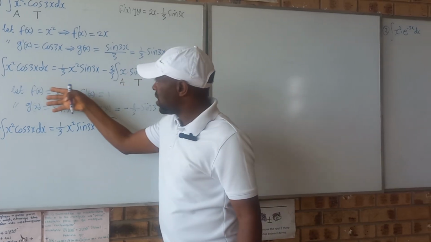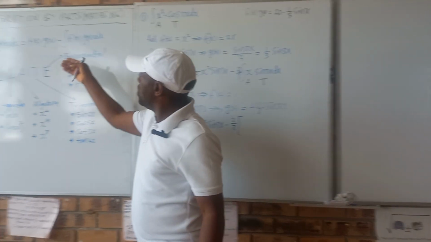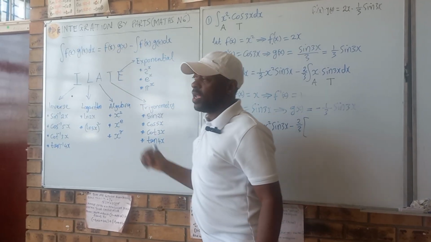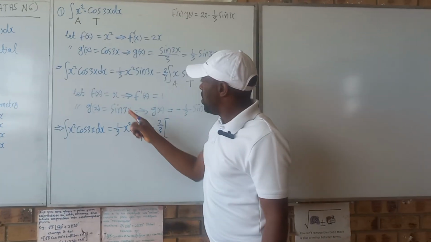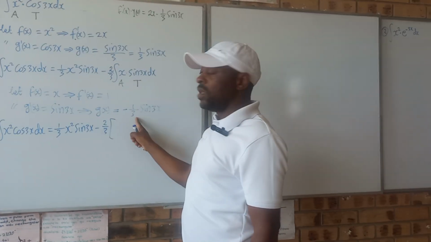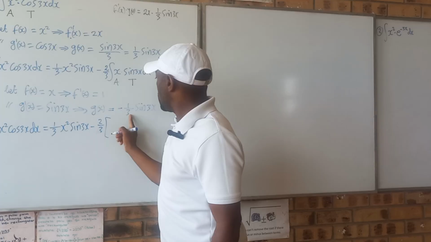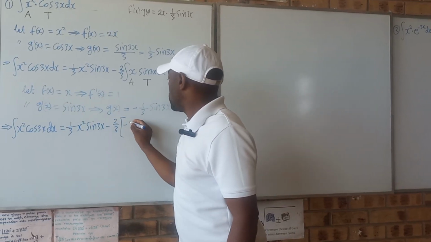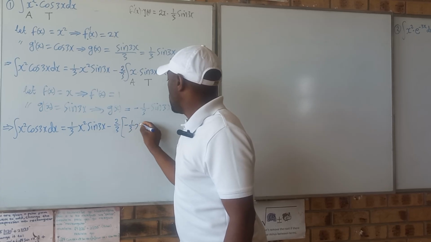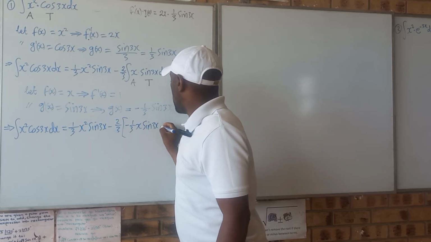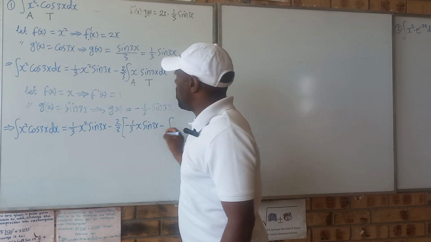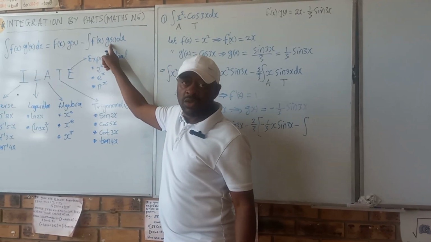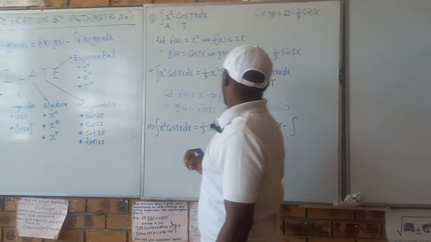This is the data that I'm substituting into the right side of the formula. So I have to put f and g again. My f is x, my g is negative 1/3 sine 3x. If I multiply them, that will give me negative 1/3 x sine 3x minus the integral of f prime g.